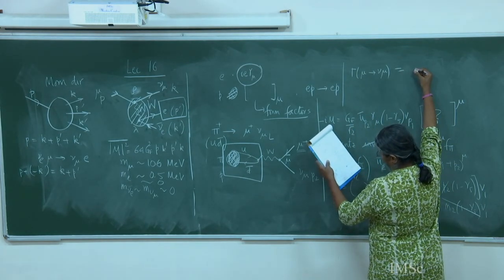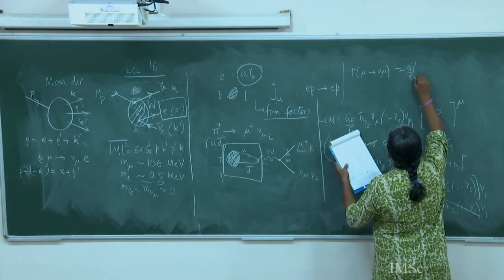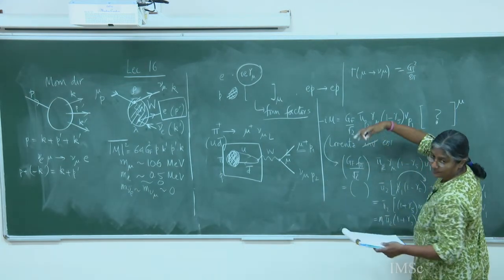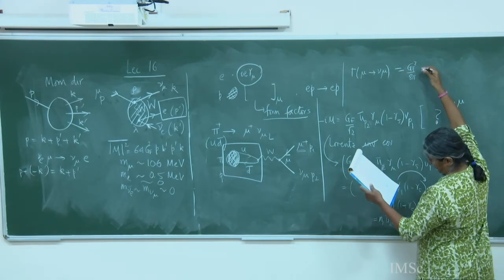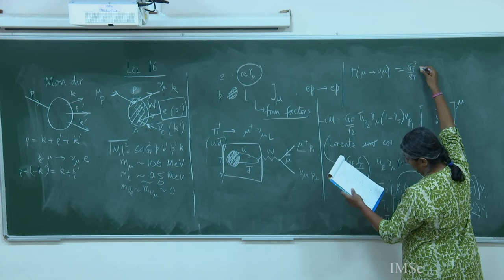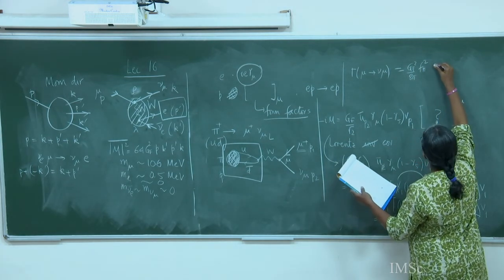Where is the answer? GF squared. I mean, it's a simple trace, right? And then I've also put in the two body phase space, which is very trivial. That is that d omega integration only will be there, and it will be completely trivial d omega integration m pi.